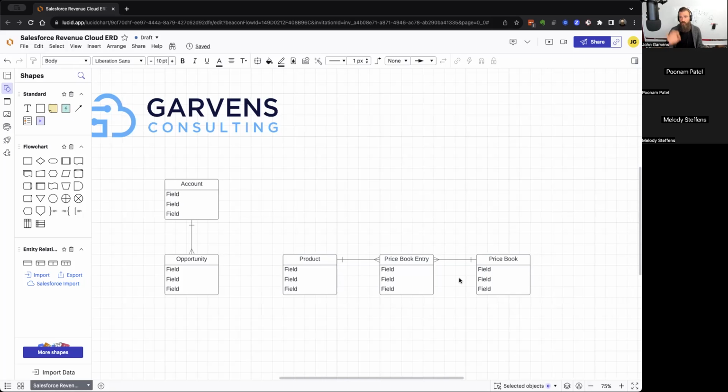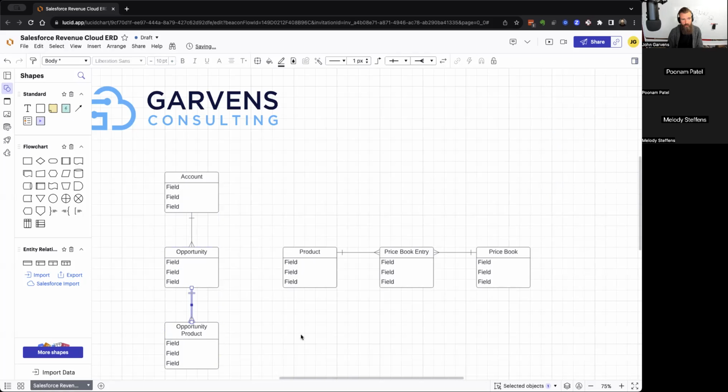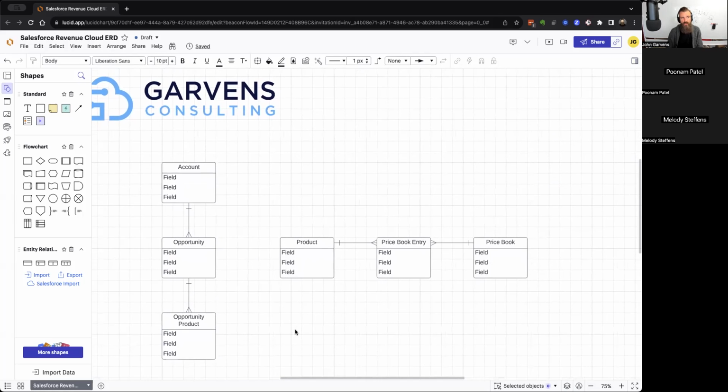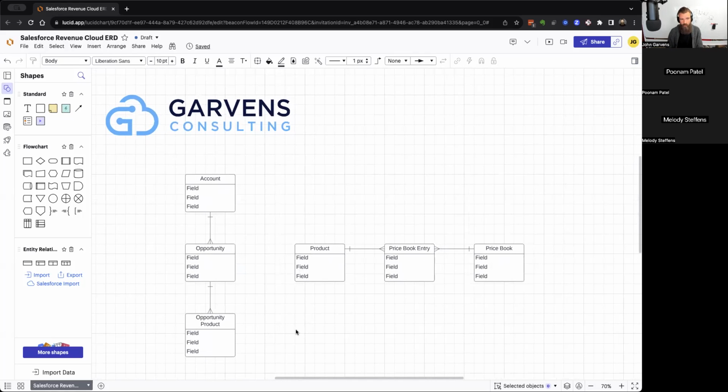Once I have, whether it's Sales Cloud alone or Sales Cloud plus Salesforce CPQ, once we have the products, price book entries, and price books in place, then we can incorporate our opportunity product. The opportunity product is a child of the opportunity and drives functionality at that opportunity level, which I'll explain in just a moment.